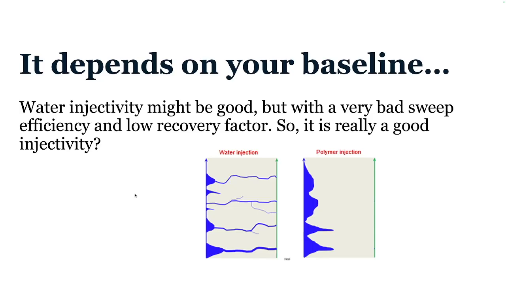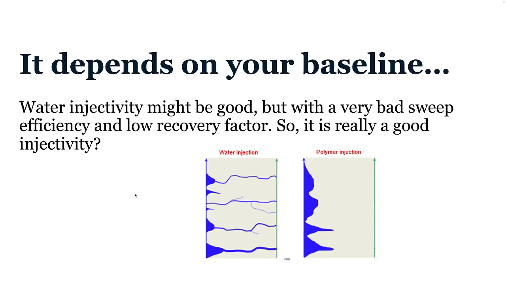And so you are basically recycling water through a couple of fingers, and so you can inject a lot of water, 200, 300 cubic meters a day, but it doesn't mean you are recovering a lot of oil. Otherwise, well, maybe you would not be considering enhanced recovery techniques at all.